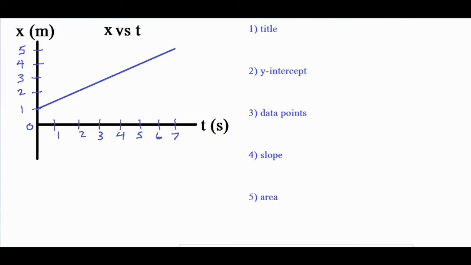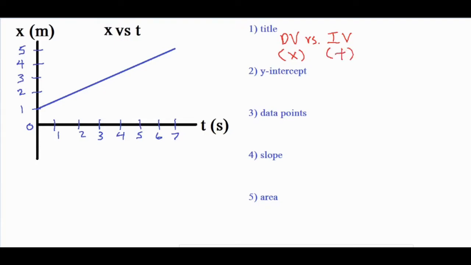Okay, so let's start off with the title. The title is always the dependent variable versus the independent variable. So although I don't know the object involved in the experiment or that the graph is representing, I know that my dependent variable is position and that my independent variable is time.